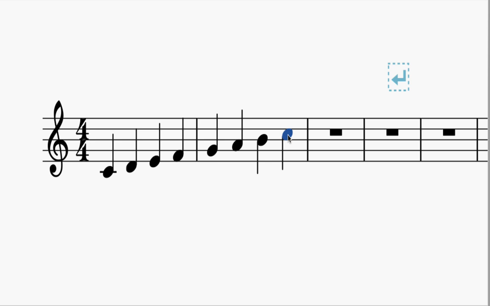The main difference between solfege and the names of the scale degrees, which is the thing I'm about to tell you about, is that solfege can get confusing because in different parts of the world, solfege is used as the names of the notes themselves. So instead of C, this is called do. Depending on where you are in the world, this might be called do, and this might be called re. Where I am, in the United States, we call this C and we call this D. So solfege can get a little confusing that way.